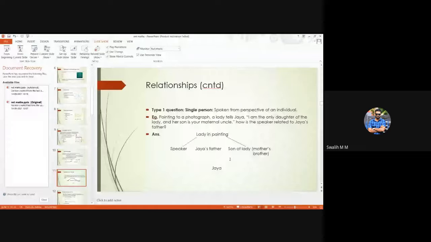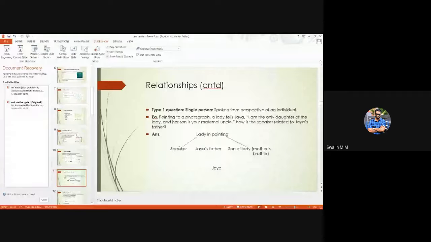So this man has a sister and only one sister. So this speaker should be Jaya's mother. Got it? This lady has a daughter and this lady has a son. And the son is Jaya's uncle and he has only one sister because this lady has only one daughter. So the speaker must be Jaya's mother.